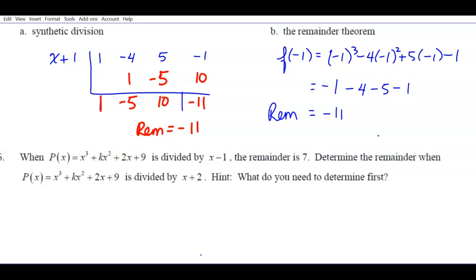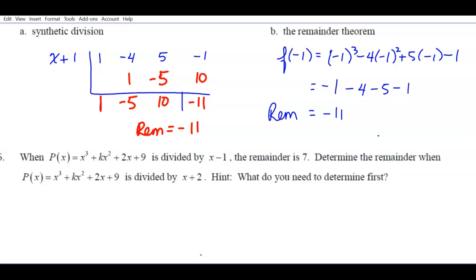If you do synthetic division, it will work, but it'll be a messy solution and guaranteed students make a mistake, because really you would have a k here, and then you'd have to follow down with the k's and oftentimes add or subtract incorrectly. That's why the remainder theorem is easier.